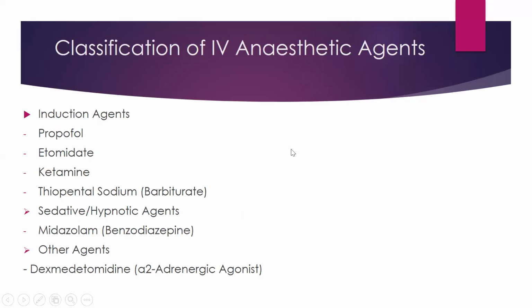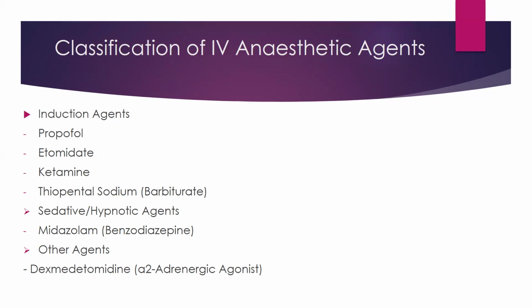Okay, classifications. Another way to classify, apart from the first one we did, is to classify IV anesthetics as induction agents, sedative or hypnotics, and other agents. Other agents include the alpha-2 adrenergic agonists, dexmedetomidine and clonidine, but clonidine is not classified here.